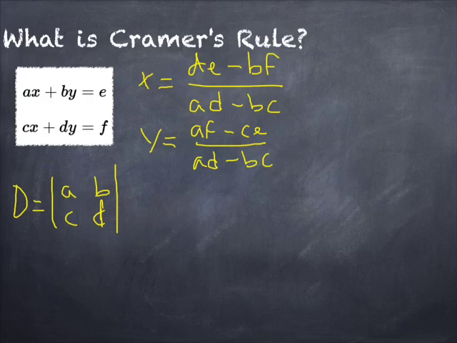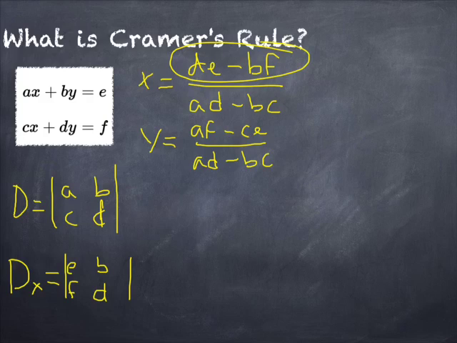The numerator of the x equation, we'll call Dx. What we do is, instead of writing the coefficients of the x terms, we put E and F in their place. So it's E, F and then B, D. Multiply that out, we get this numerator up here. To get this numerator here, we're going to call that Dy.